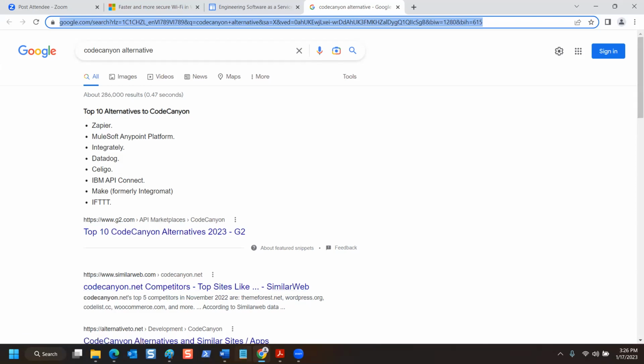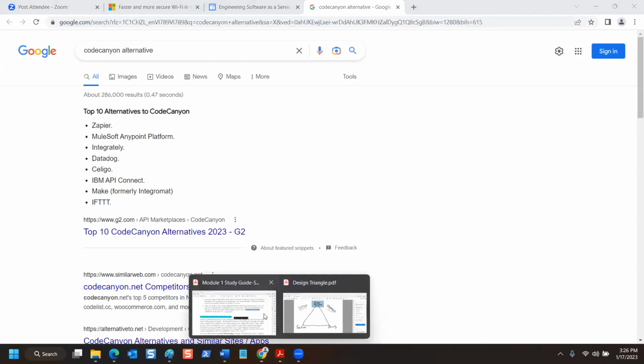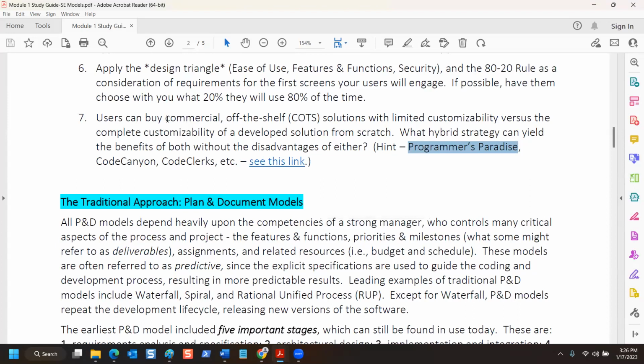Why am I mentioning that? Stack Exchange and GitHub may not be commercial, but they have ready-made components, coding modules, right?